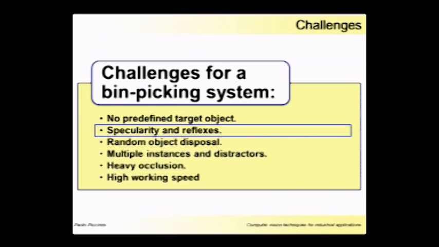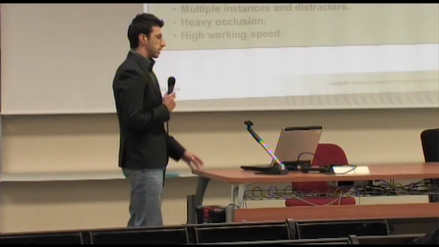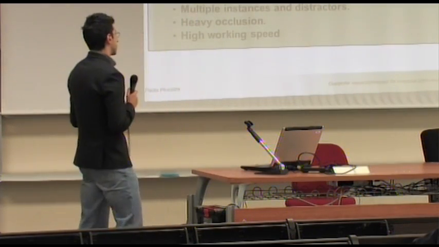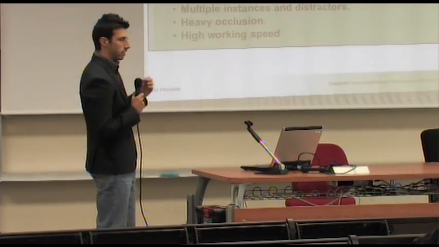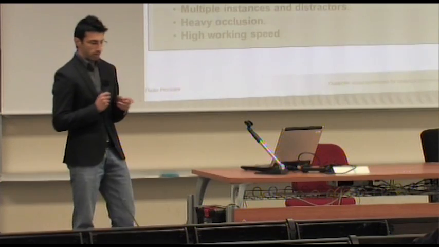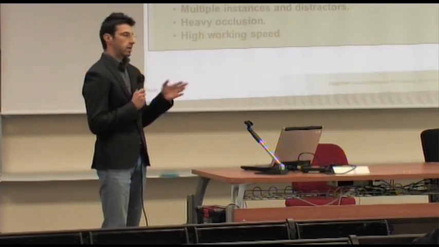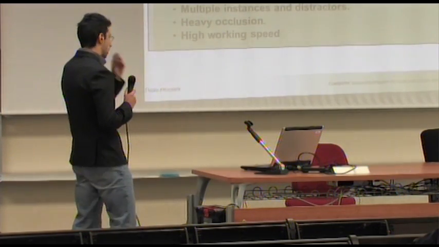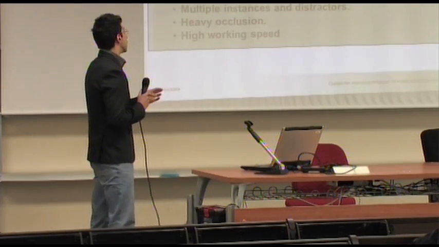As I already said, this system was projected for working on cosmetic and pharmaceutical objects. Cosmetic objects are usually characterized by shiny material and low texture, while pharmaceutical objects can be simultaneously semi-transparent and wrapped in flow pack.